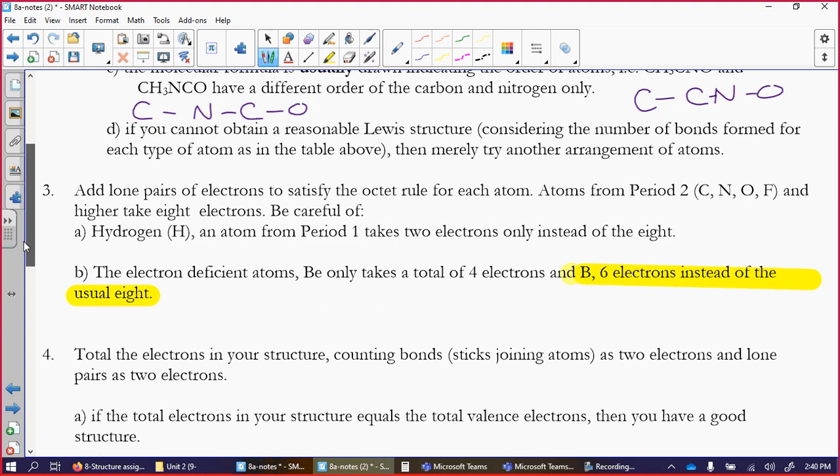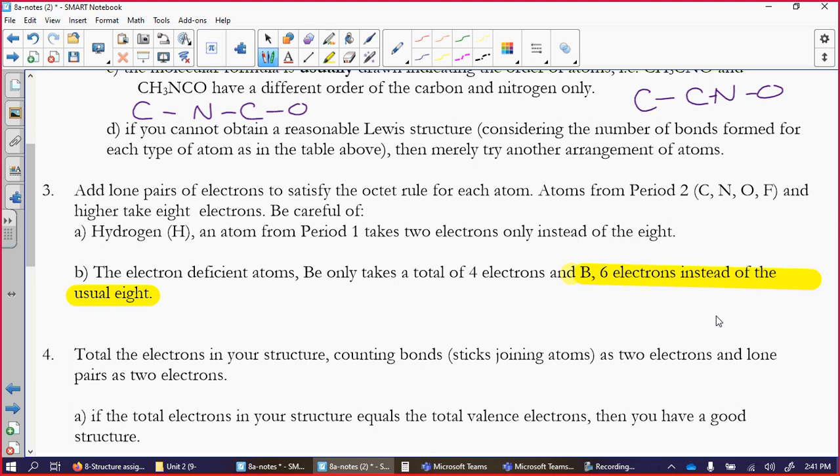You can, but boron generally isn't super happy, but it's content. You can draw valid structures with boron having 6 electrons because it's only got those 3 to start. So on that question, boron will only have 6 electrons around it.